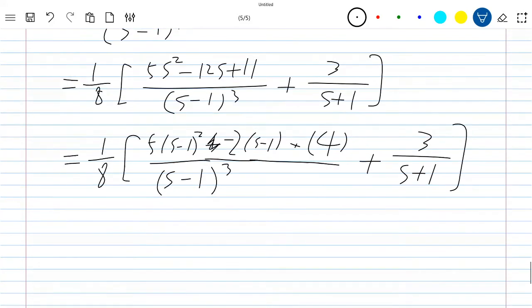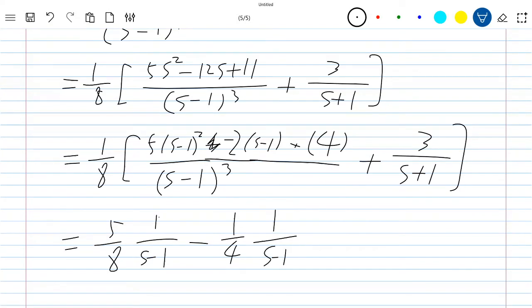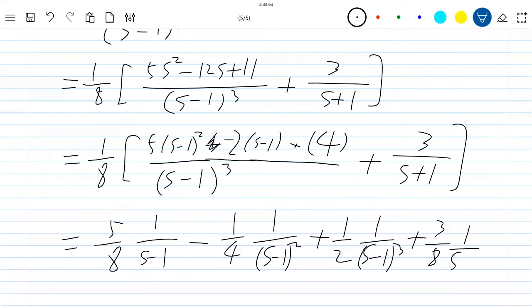Alright, now we're done. So we have 5/8 over (s minus 1), minus 1/4 over (s minus 1) squared, then plus 1/2 over (s minus 1) cubed. Then the last term is 3/8 over (s plus 1).